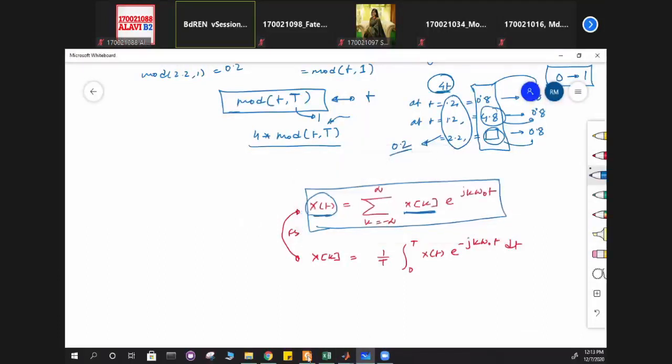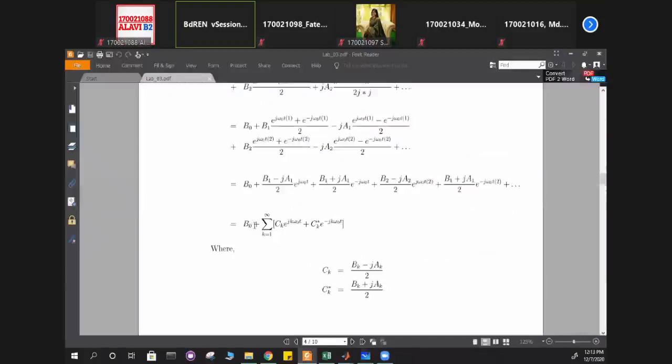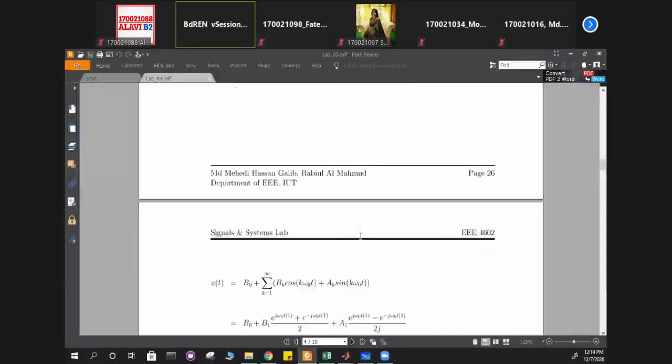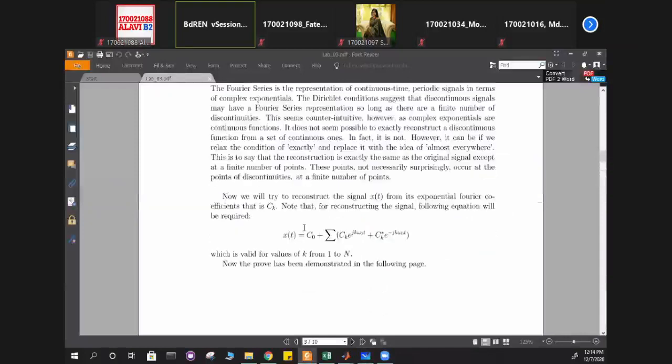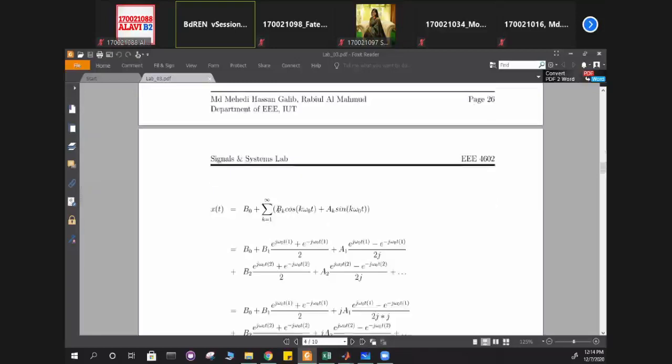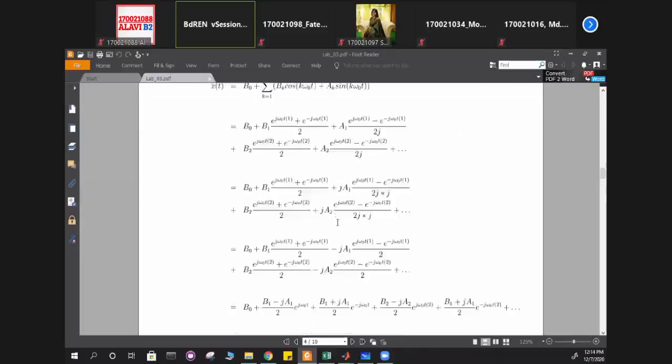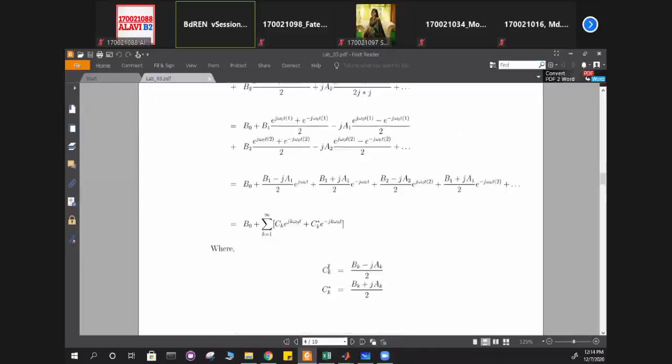But today we will use this particular equation to reconstruct. Here the c_k that you are seeing, and the b_k and a_k, those are sinusoidal Fourier coefficients, and c_k you can call the exponential Fourier coefficient.